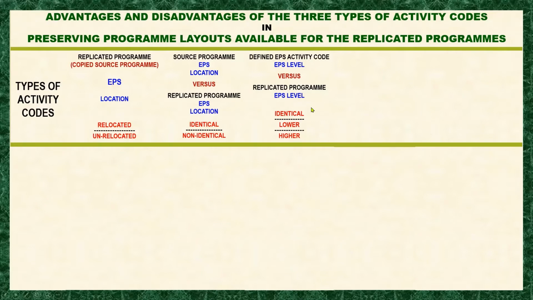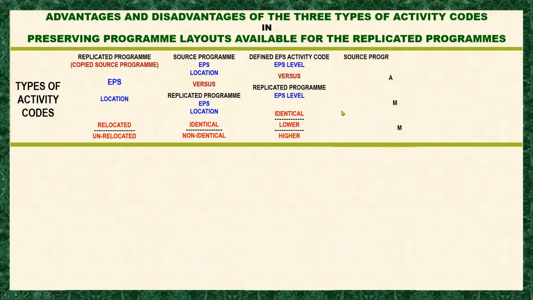We will choose whether it is identical in the EPS level, or lower or higher. So we are comparing whether the defined EPS activity code EPS level is lower or higher than the replicated program EPS level, or it may be identical in the EPS level.